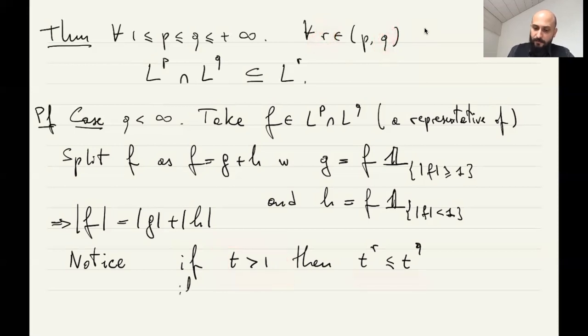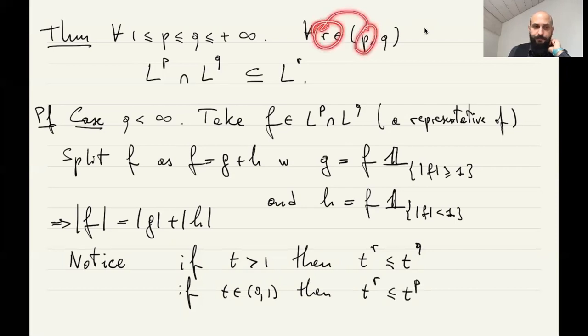If instead t is in between 0 and 1, then we have the opposite inequality, so t to the r is less than t to the p, because now p is less than r. We are going to use these two inequalities to bound the norm of f to the r.